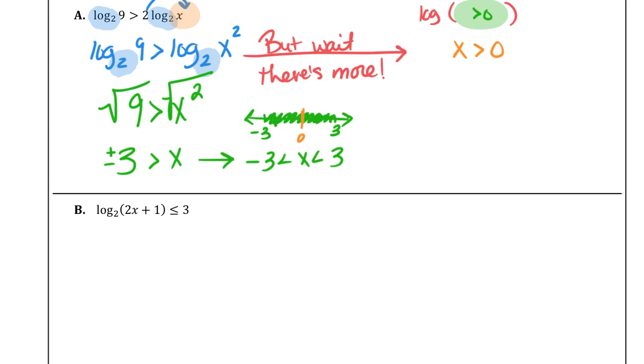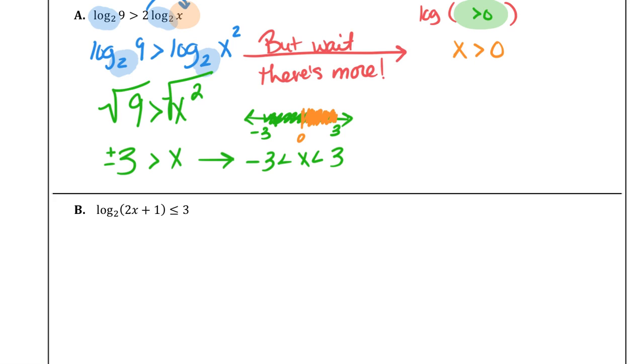And so we want to make sure that our domain is the most restrictive domain possible, which means if I know that I'm only allowed to have positive values inside of my log statement, then instead of having a window that went from -3 to 3, it actually shortens that window to only run from 0 to 3.